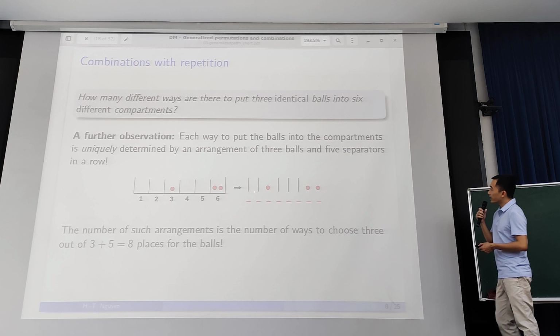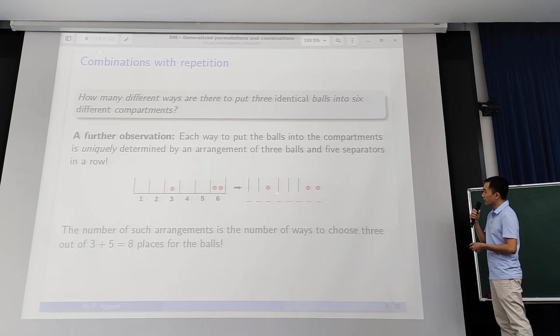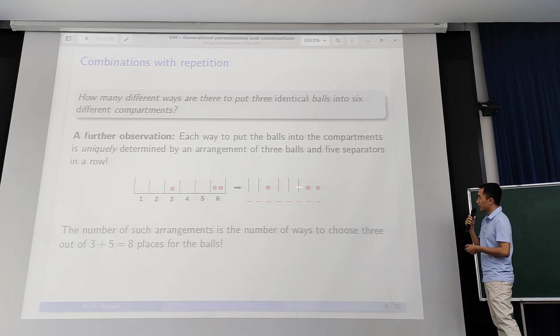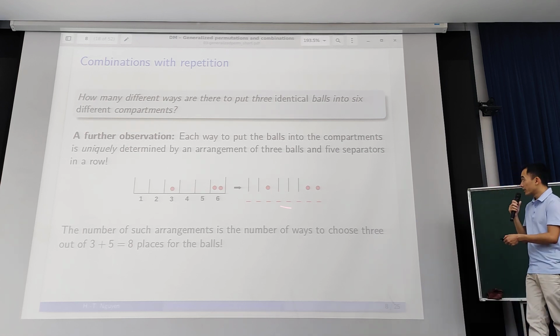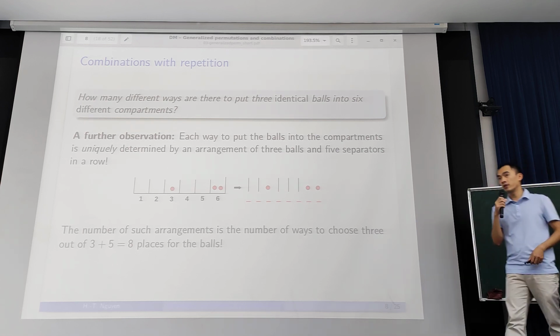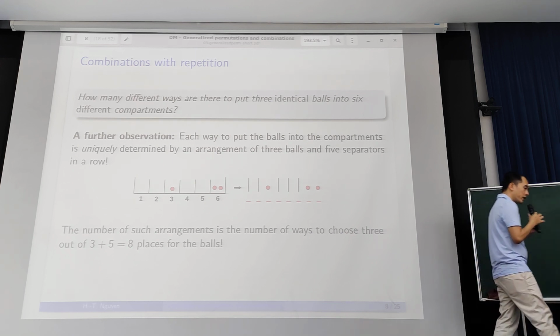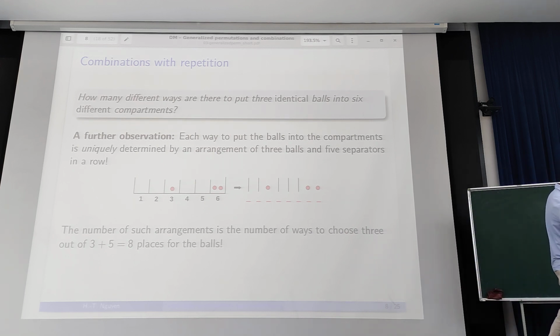Whenever you arrange 5 separators and 3 balls into a row, you will have an outcome of the 3 throws of the dice.